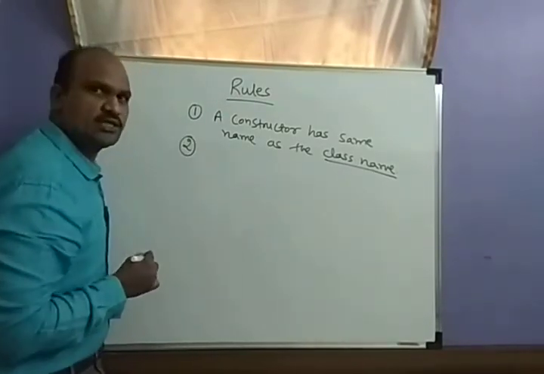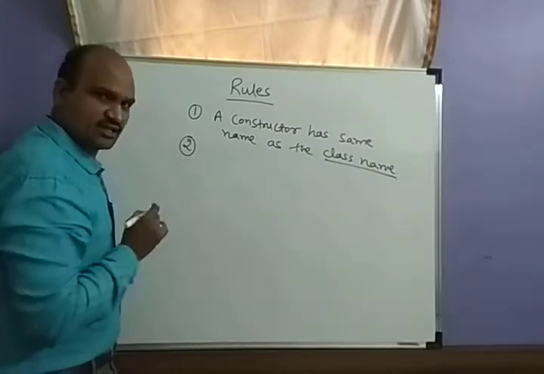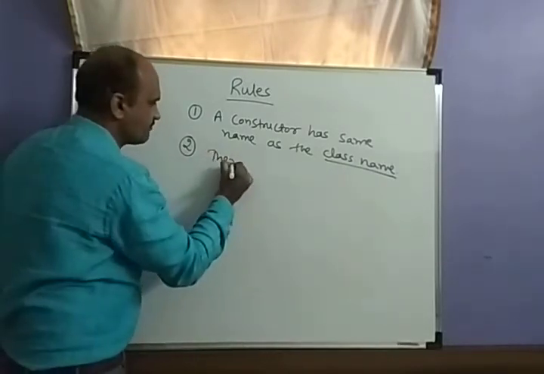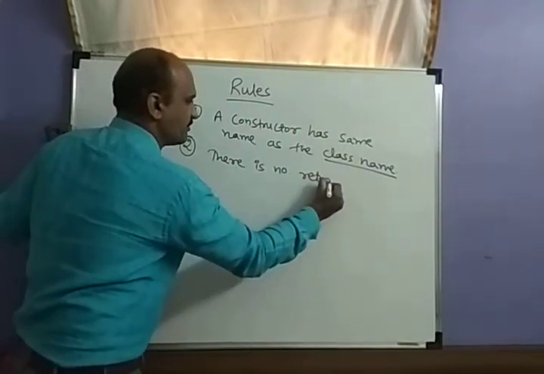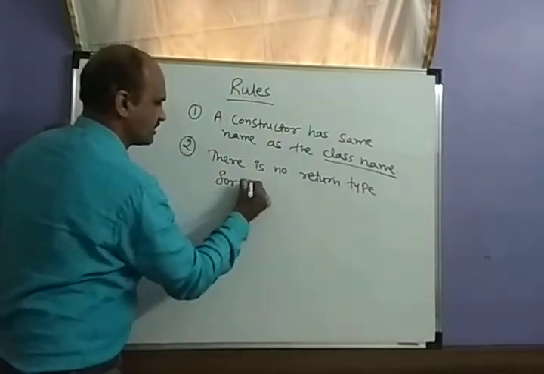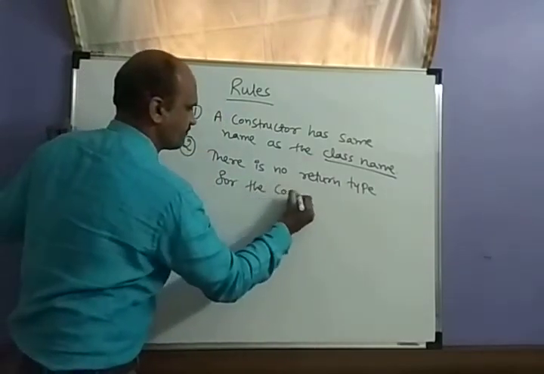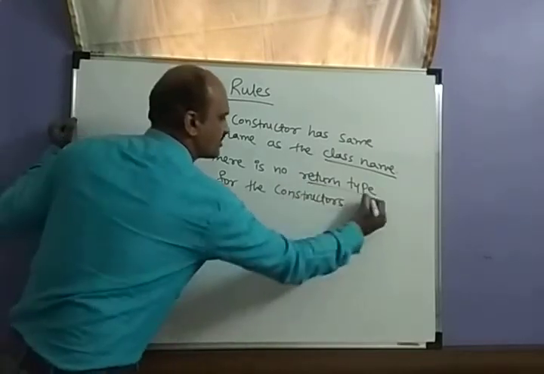That is the first rule. The second rule: there is no return type for the constructors.